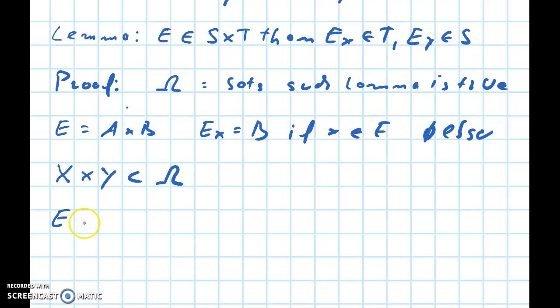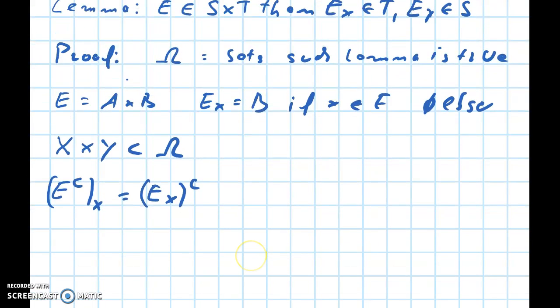So if E is in omega, then the X section of the complement of E is the complement of the X section of E, and this complement is in T because T is a sigma algebra.